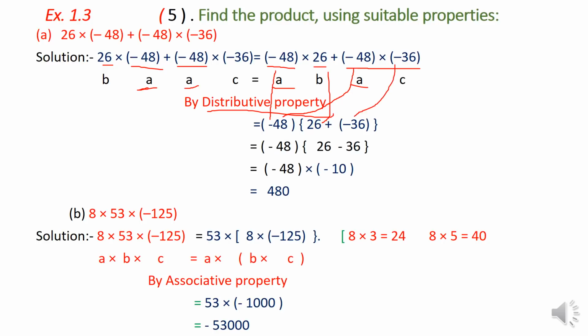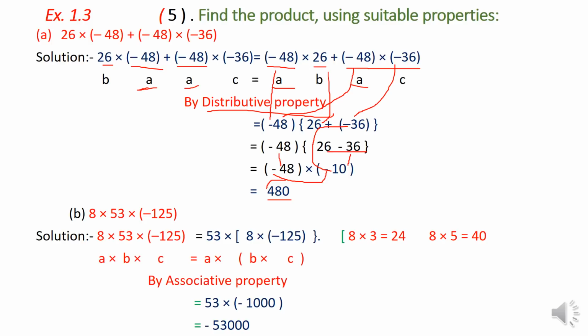Now 26 is plus, 36 is minus, so they will be subtracted. So 26 minus 36 will become 10, but with the greater number's sign, so it will become minus 10. So minus 48 will be as it is, again minus multiplied by minus will become plus, and 48 multiplied by 10 will become 480.